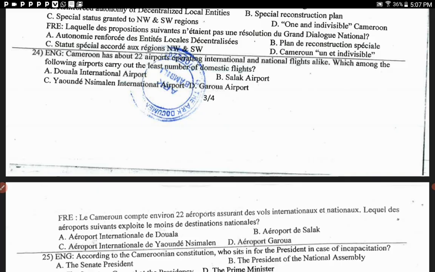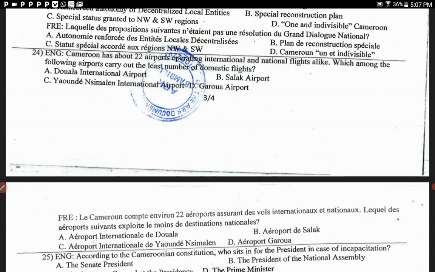So the answer will be the Salak Airport, which is located in Maroua, the Far North region, and it is a small regional airport with few domestic routes and less passenger traffic, compared with the international airports like the Douala International Airport, the Yaoundé Nsimalen, and the Garoua International Airport also.